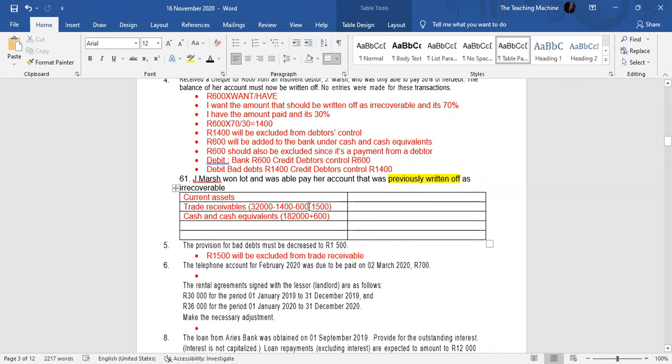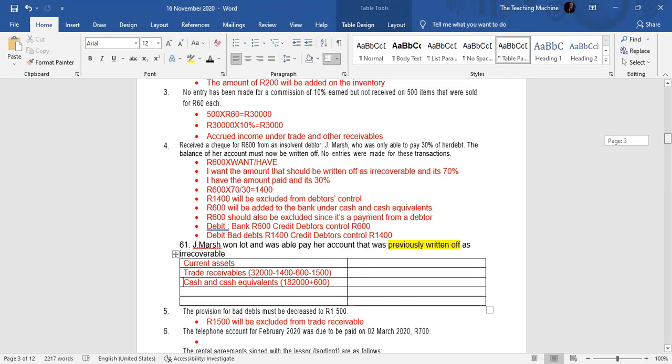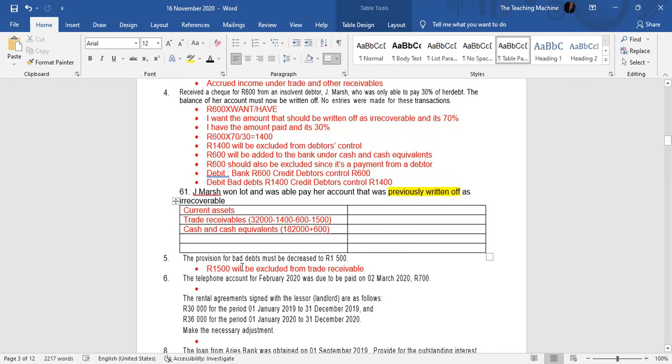You can list them separately. Under trade receivables, I'd have debtors control. From debtors control, it should be 32,000 minus 1.4 minus 600. And then after, it should be provision for bad debt of 1.4. And then we have this commission that is outstanding of 3,000, accrued income.